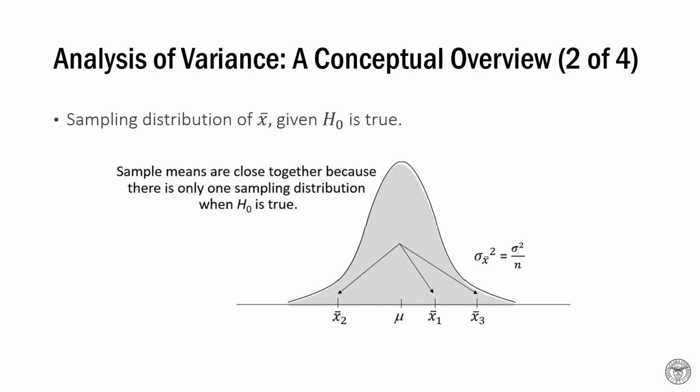Conceptually, if the null hypothesis H0 is true, then the means of different treatments originate from the same sampling distribution. In this graphical representation of the sampling distribution, the means of 3 treatments emerge from a common distribution.